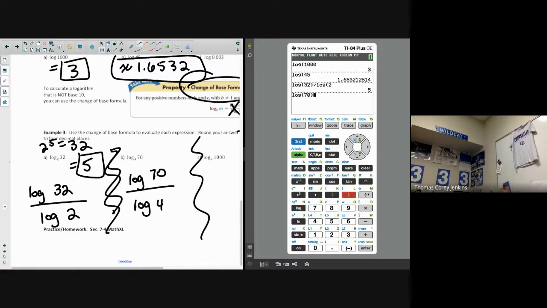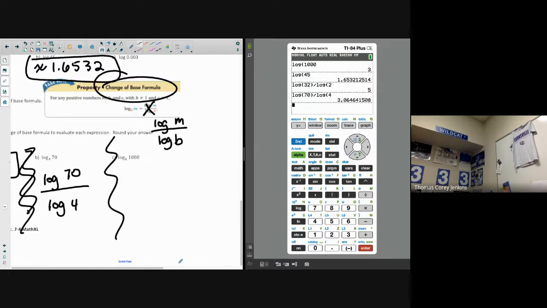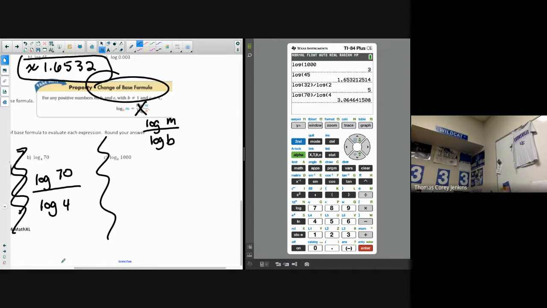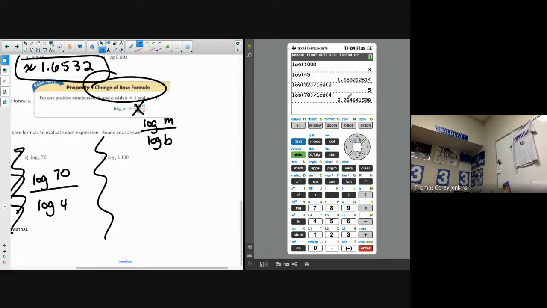Close your parentheses, divided by log of 4. And that gives me 3 point, what does it say? Round your answer to, I think, 4 decimal places or 3 decimal places. So it's 3.0646. I don't remember what it tells me to round. Whatever it says, on MyMathLab, round out that many decimal places. It doesn't really say. We'll go with the 4th decimal place, so we'll call it 3.0646.